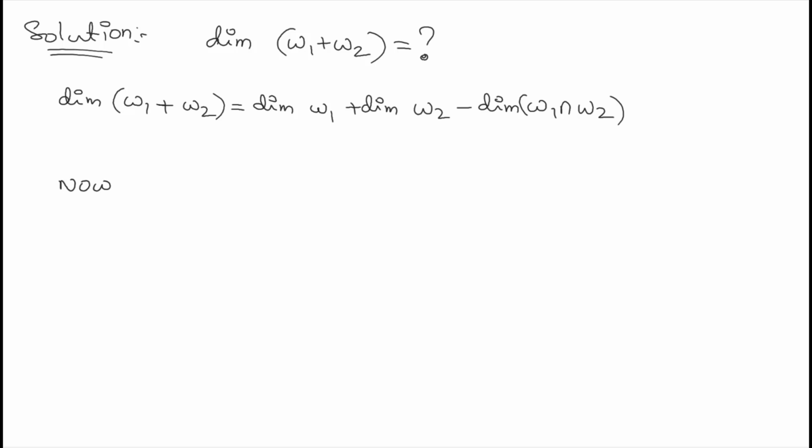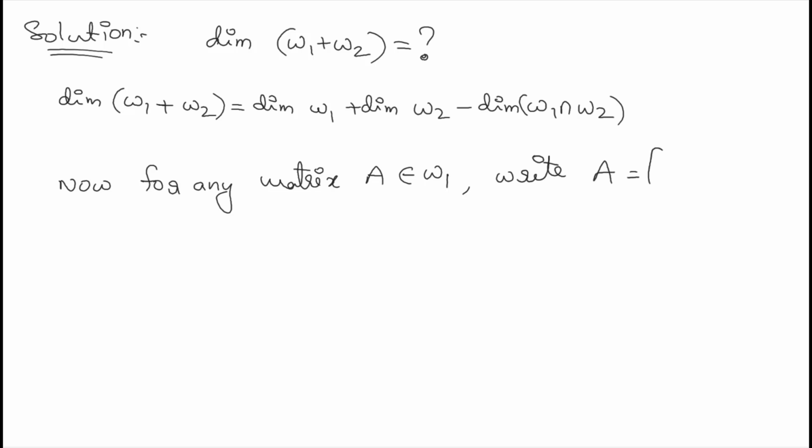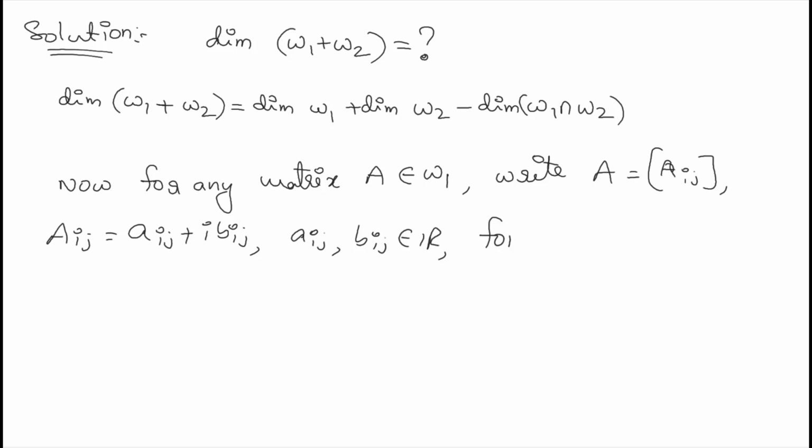Now, for any matrix A in W1, we write A as Aij, where each entry is written as Aij plus i times Bij, where Aij and Bij are real numbers for 1 less than or equal to i, j less than or equal to 3.